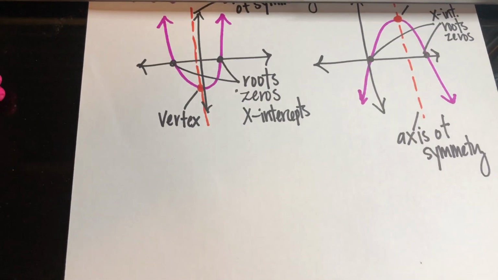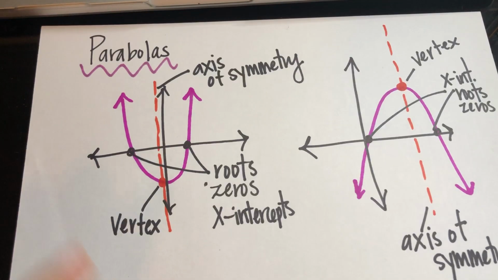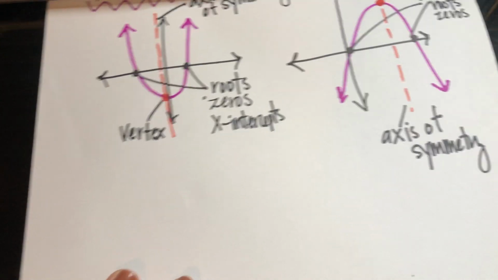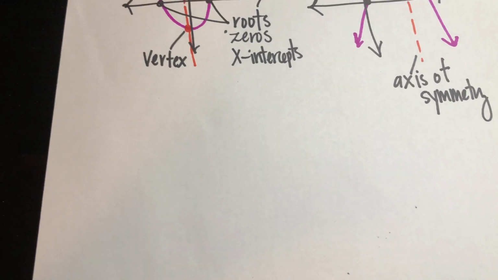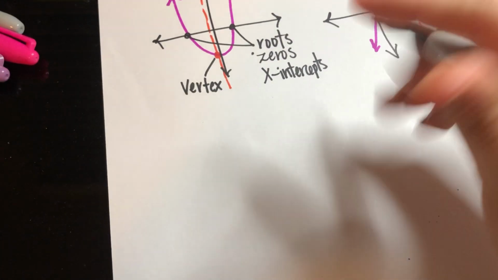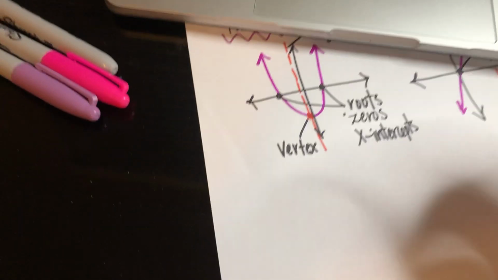So we're going to move on to the example, and I'll show you how to graph a parabola. Remember, you would get a parabola with any quadratic function. Okay, so let's say I have an example.